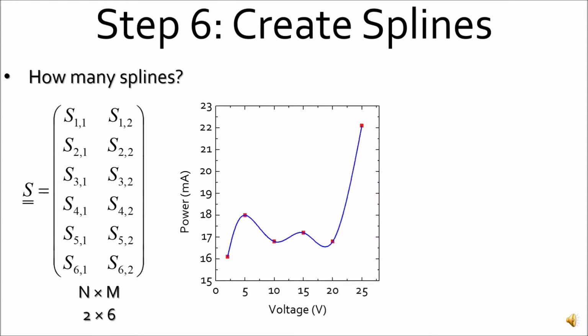But if you look at the data and count the lines between them, there are 5. So we have 1 less spline than we have data points. The answer is, in all cases, m-1 splines, because you need 2 data points per spline.